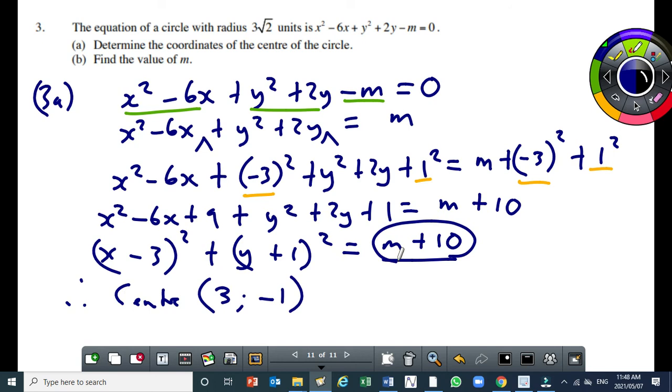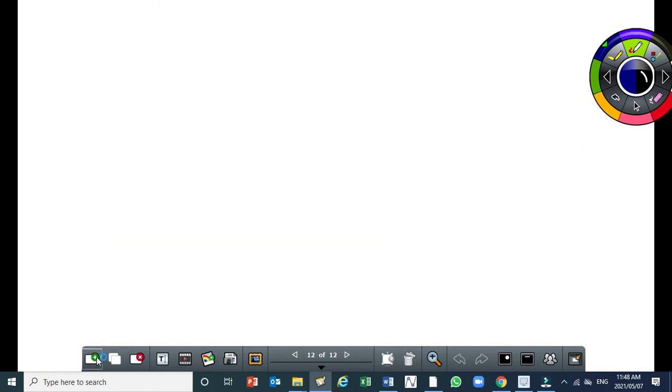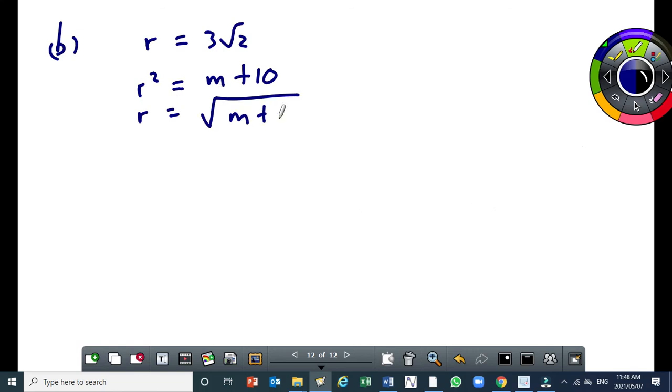If you paid attention to the first lesson yesterday, that constant there, it is the radius squared. Right? So the next question is part B. Our r is equal to 3 root 2. Square root r squared is equal to m plus 10. Therefore, r is going to be the square root of m plus 10.